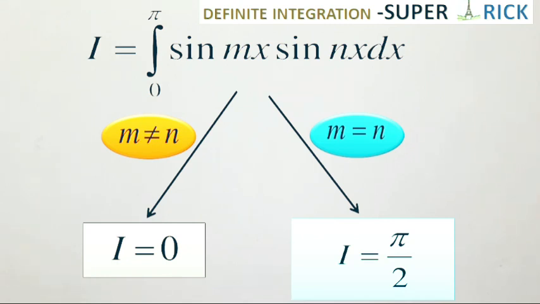If m is not equal to n, then the value of the integration will be 0. And if m is equal to n, then the value of the integration will be pi by 2.